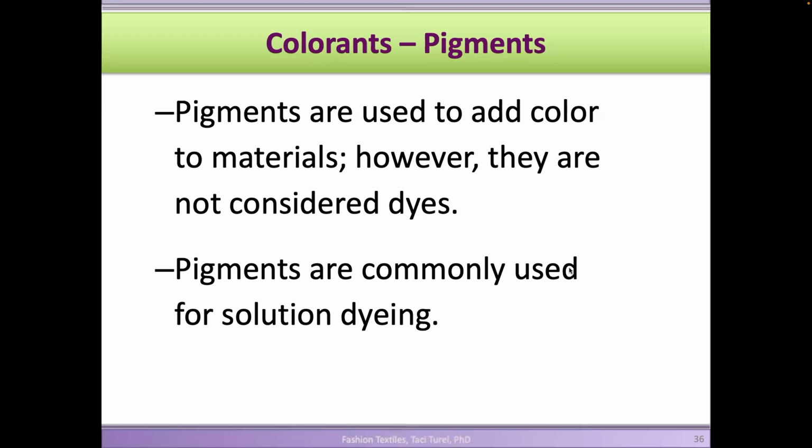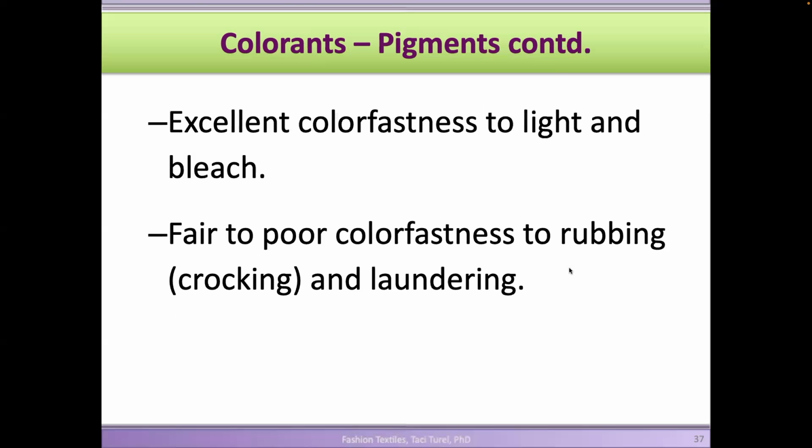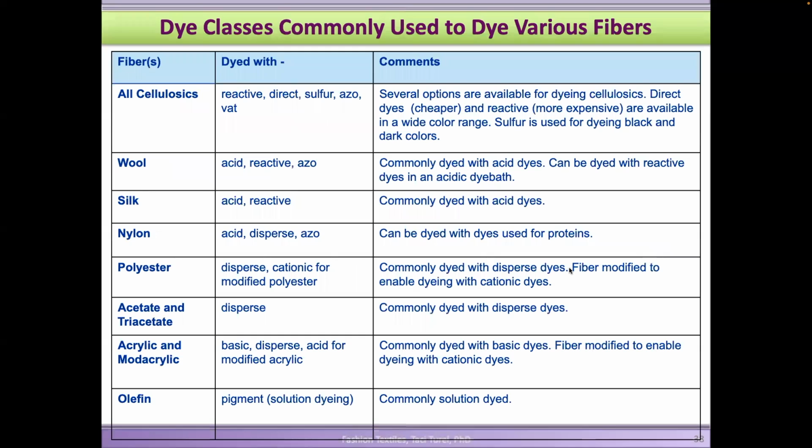So the best way to dye olefin is to put the pigments into the solution before you dye them. Pigments have excellent color fastness to light and bleach. They're not very good with rubbing because they are on the surface.